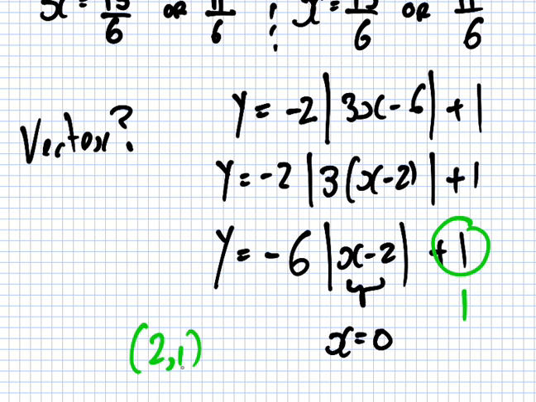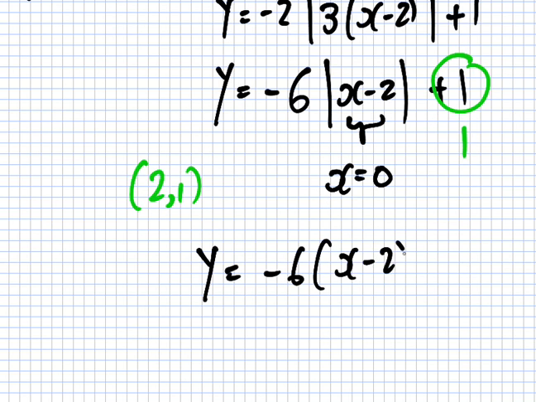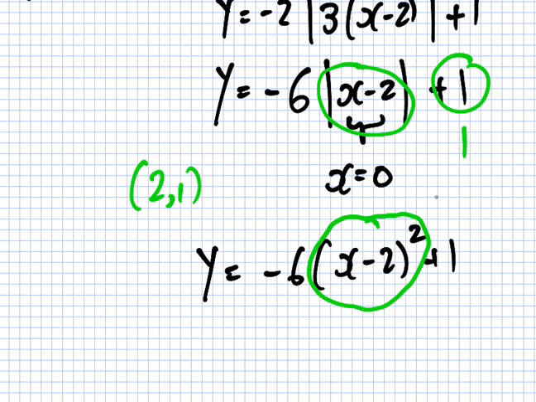This should remind you of something from semester 1. Completing the square. Let's compare this to completing the square. If I had y equals minus 6 times x minus 2 squared plus 1, where's the vertex? It is at 2, 1. So why does it work for this problem, even though it's different to a quadratic? The reason comes down to this. This piece here is always positive. And what about this piece? Always positive. So I'm going to give you a general idea here.